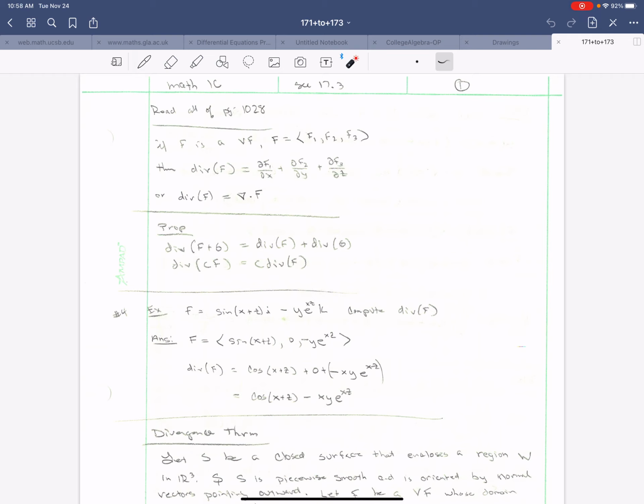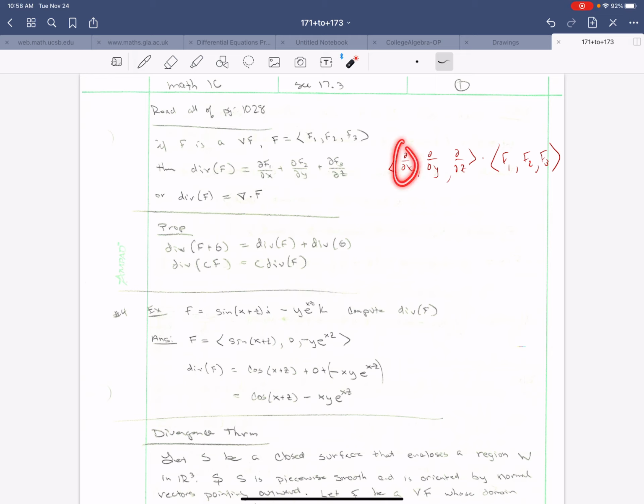It is the x derivative of the first piece plus the y derivative of the second piece plus the z derivative of the third piece. And because we're doing it this way, we can actually think of divergence as del dot f. To just show you that, here's what it looks like. Del, remember, is partial x, partial y, partial z. And if we dot that with f1, f2, f3, remember the way we do a dot product is the first times the first.